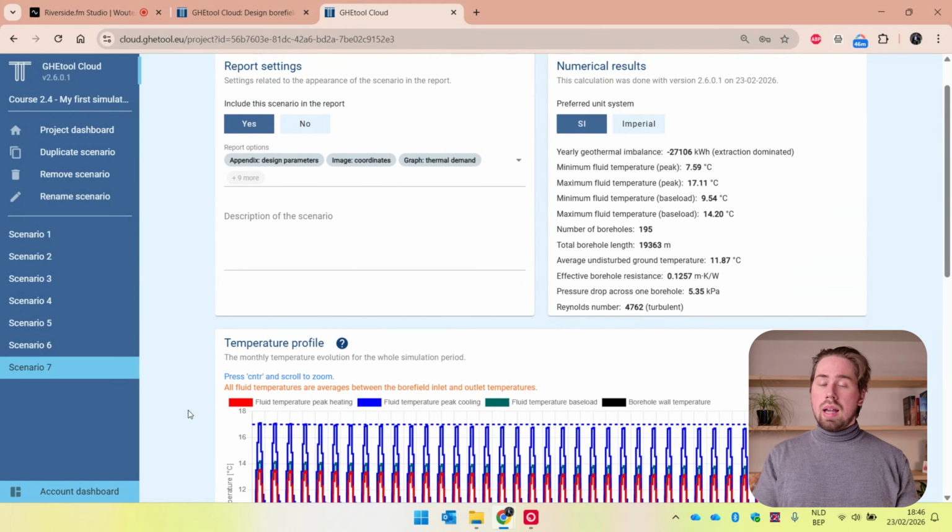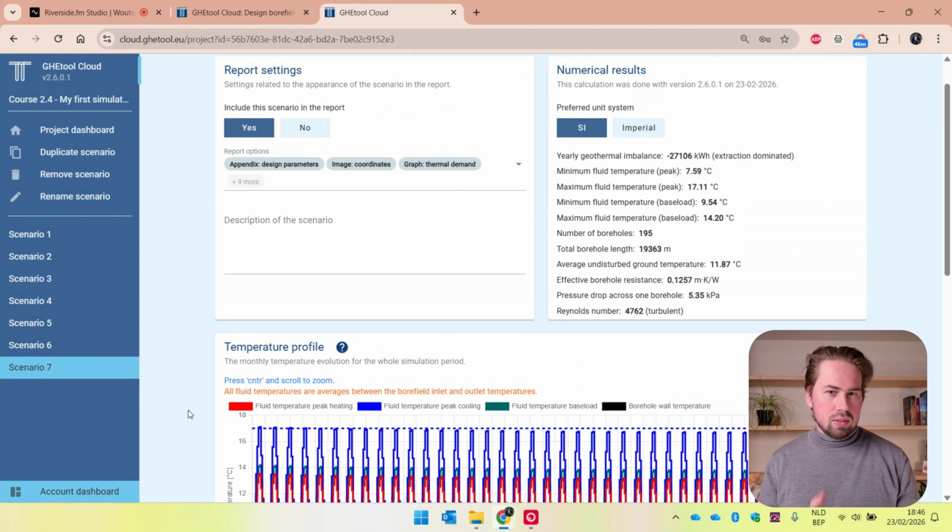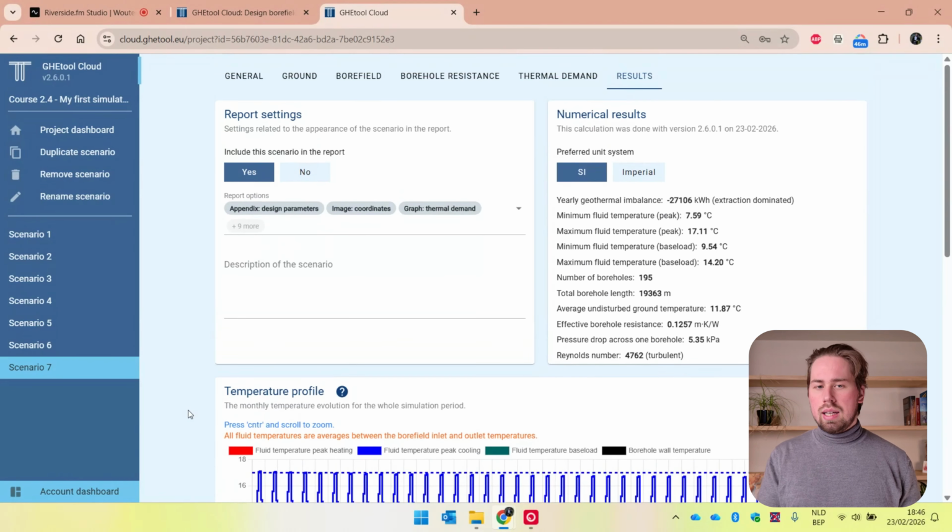So I hope you found this already interesting. I would highly suggest that you try playing around with GHEtool yourself, because the 7 scenarios I did are just to show you some interesting aspects: single, double, water, monopropylene glycol, temperature gradient, and so forth. But to really understand all the different physical aspects, it's important that you get this confidence yourself.